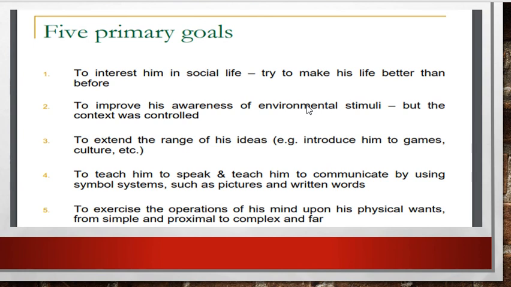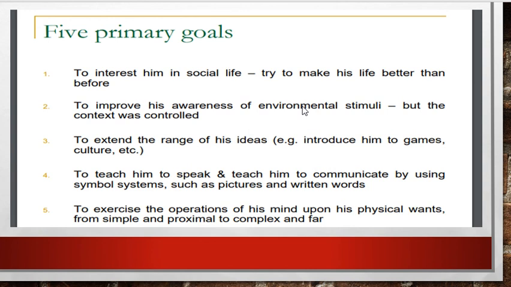So what are the five primary goals of Itard? First, to interest him in social life, to try to make his life better than before. Second, to improve awareness, so he created an environment where the boy would feel safe. But make sure there's freedom, though those freedoms are limited and controlled by Itard.